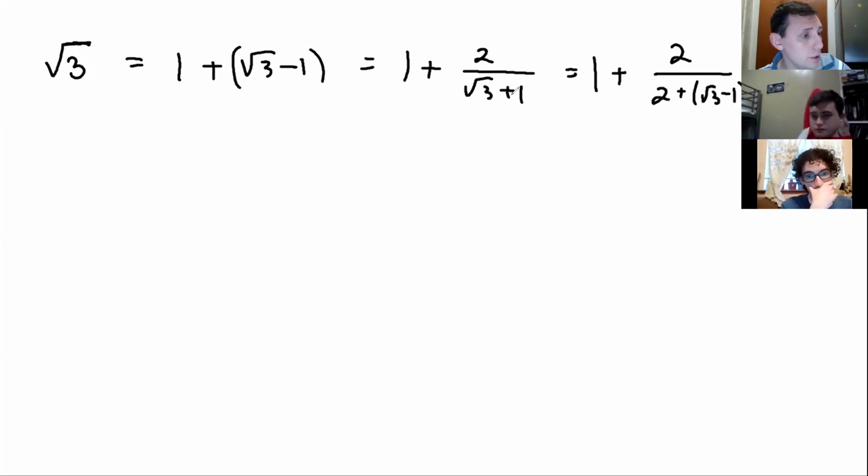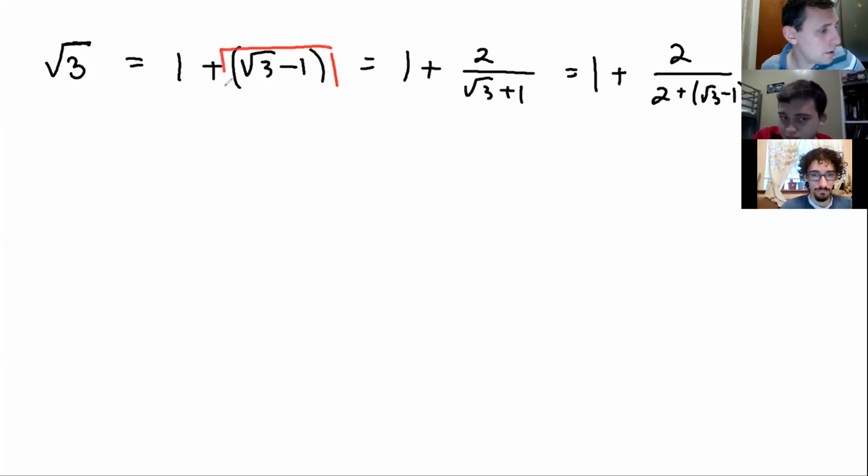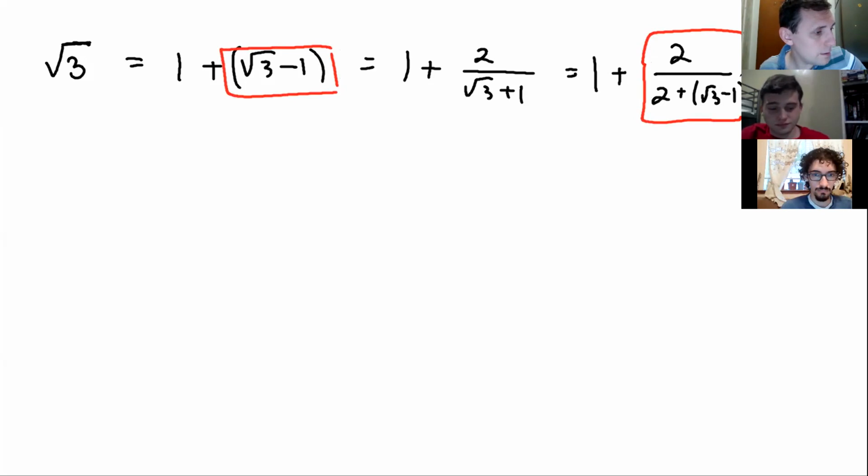Do you see why? Root 3 minus 1 is that I want the same initial thing. So let's look at it. So now I have those boxes. I have this is the same as that, which is the same as this. I can just plug it in again and again.